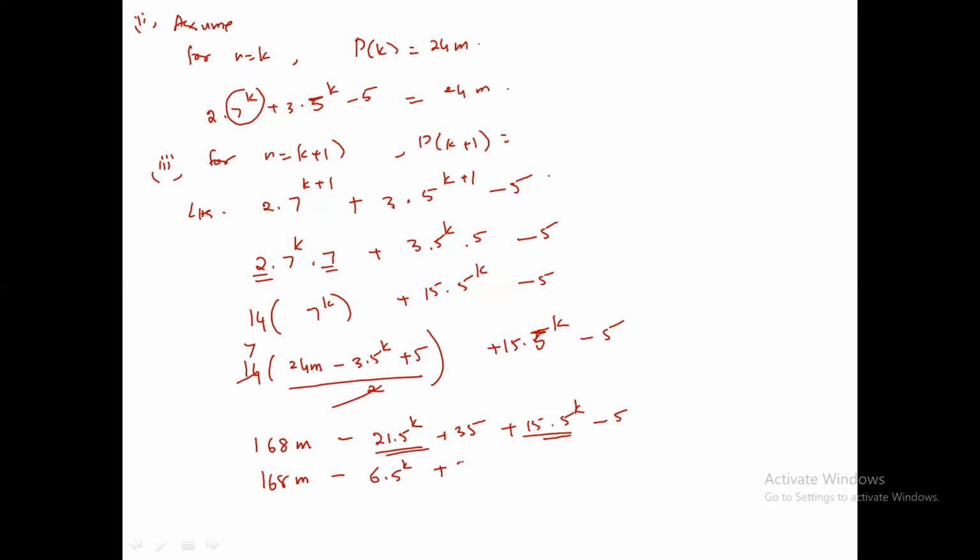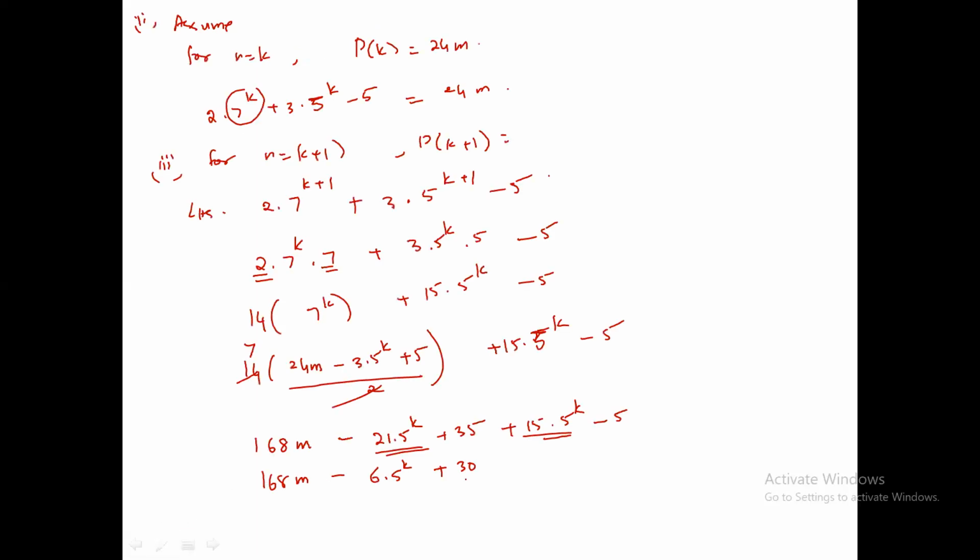And 35 minus 5 is 30. This is what I have. I have 168m minus, what do I have next? 6 into 5 power k plus 30.